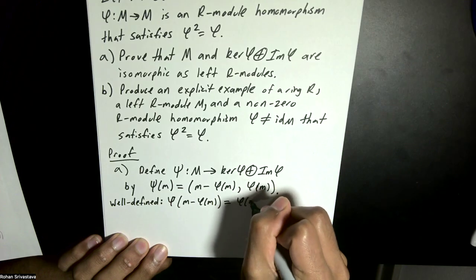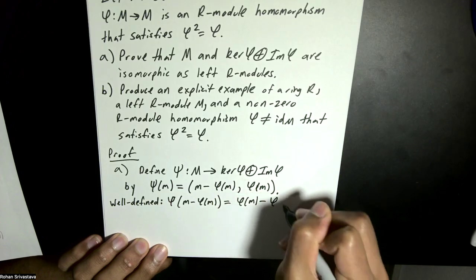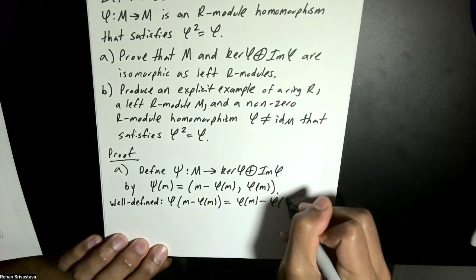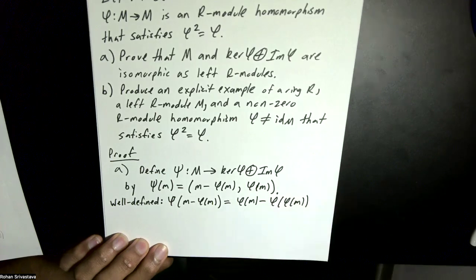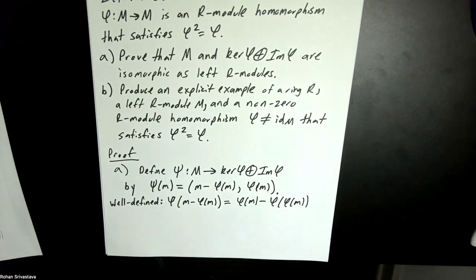So phi of m minus phi of m is equal to phi of m minus phi of phi of m, right? An R module is an abelian group, and phi being an R module homomorphism means that it's an additive group homomorphism. And now the assumption of the problem is that phi squared is equal to phi.